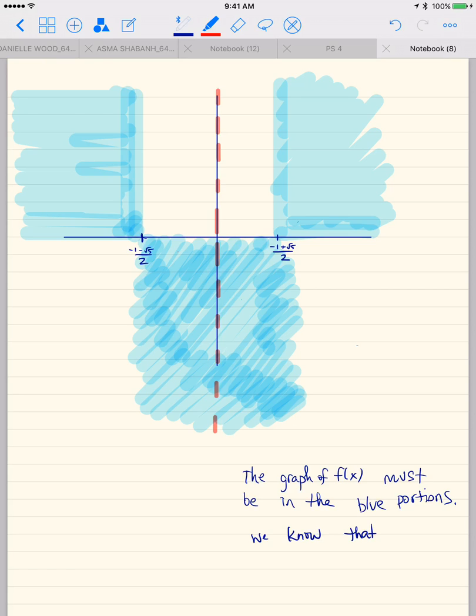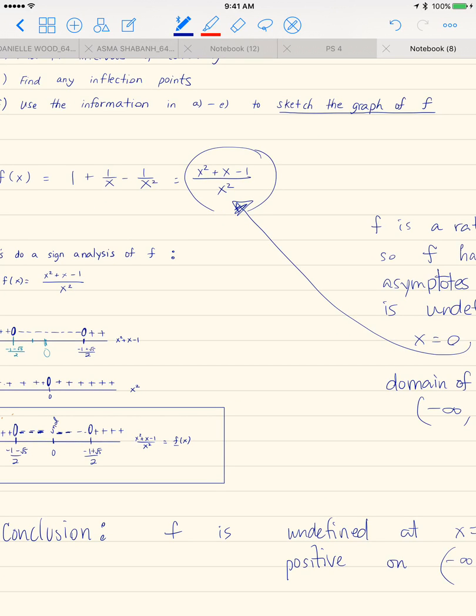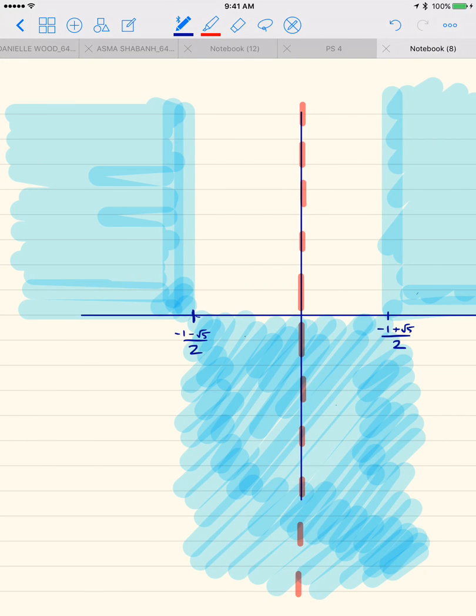So we know that the limit as x goes to 0 of f of x is equal to negative infinity. How do we know that? Because we know that we have an infinite limit and f is negative, right? f is negative to the left and to the right of 0.